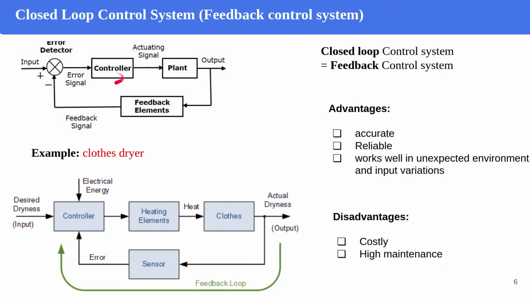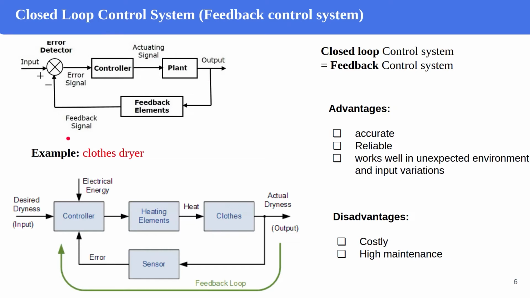So the system would be highly efficient. This system is so accurate, reliable, and works very well in unexpected environments and input variations. But as you see, as we have a lot of components here, it would be very costly and expensive, and there is high maintenance.